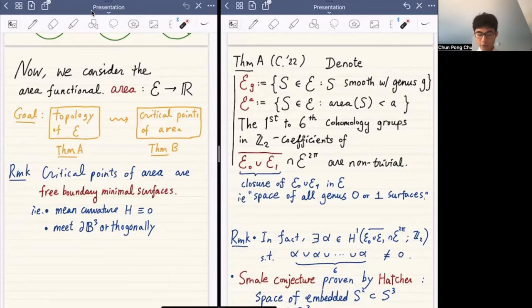Okay, and then the first result is that the first to the sixth cohomology groups in Z2 coefficients of this space are non-trivial. So what is this space? If you look at the first component, it is the closure of the space of all surfaces with genus 0 and genus 1. So by taking closure, we allow some surfaces to have singularities. So this union space becomes connected.